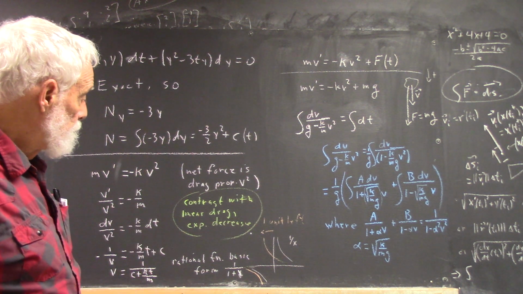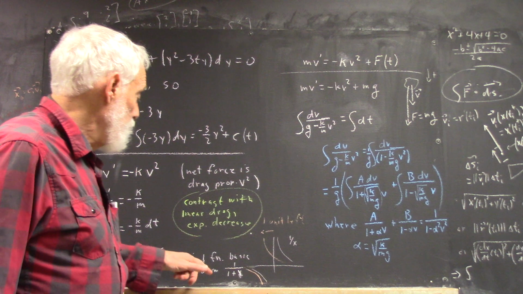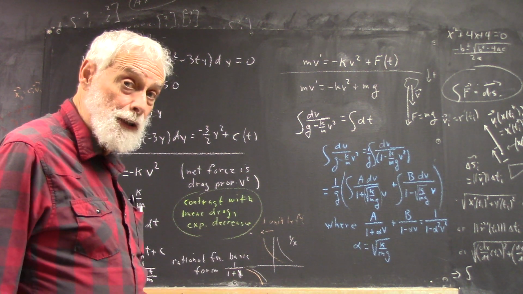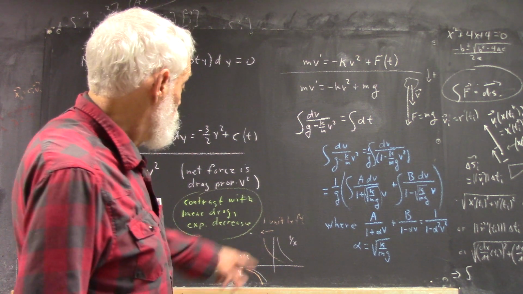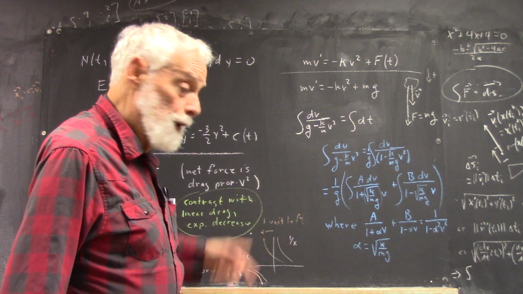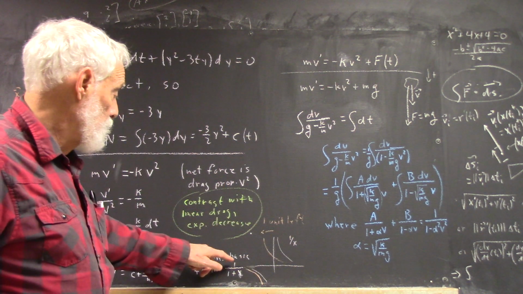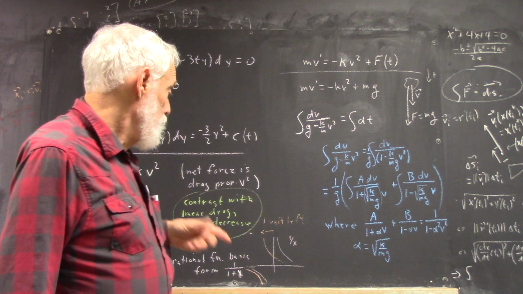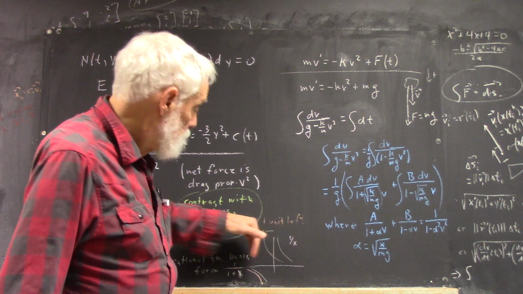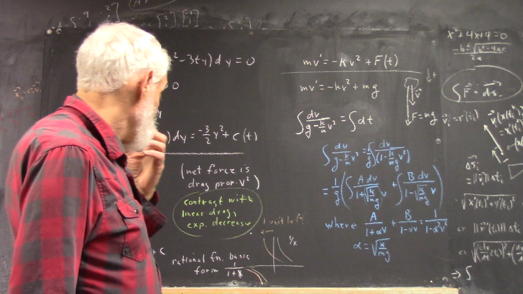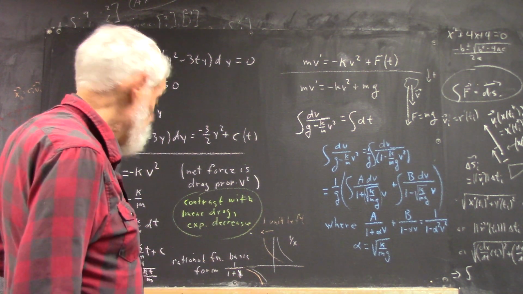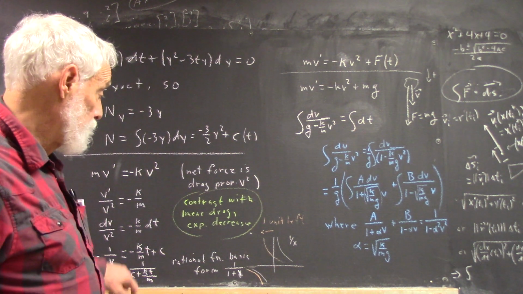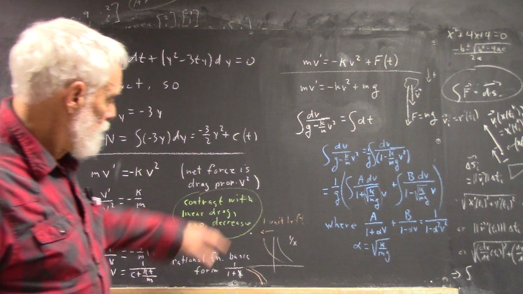That's a rational function. It's a basic form 1 over 1 plus x, and if we understand the most common functions, the graph of 1 over x is the white graph. The graph of 1 over 1 plus x is just a graph of 1 over x shifted 1 unit to the left. Now, if you do a change of variable to where this matches this, whatever your constant c happens to be, it's going to look like this.